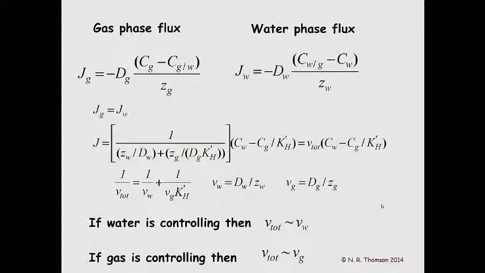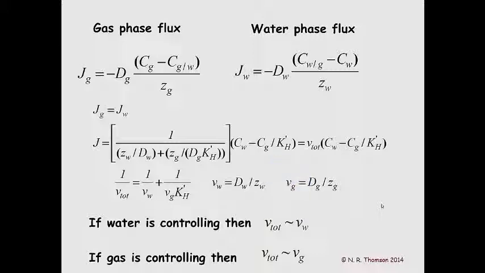So if diffusion within the water phase controls the process, then the volatilization velocity is approximately equal to the diffusion coefficient in the aqueous phase divided by the thickness of the stagnant aqueous phase.